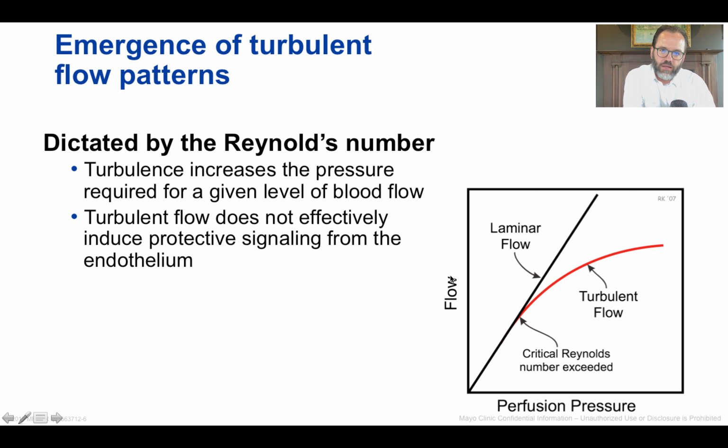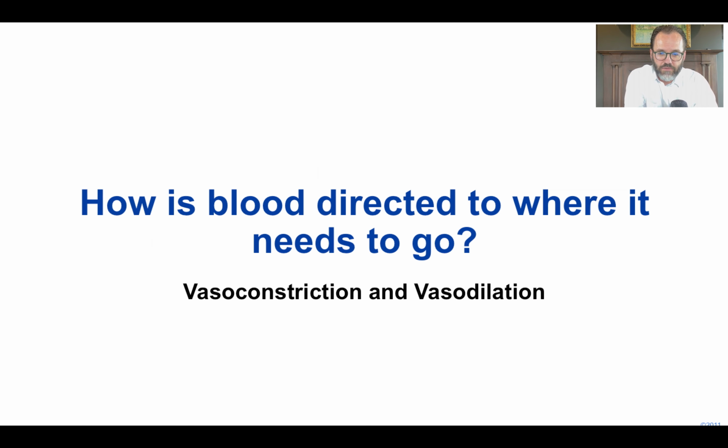In addition, turbulent flow does not effectively induce the protective mechanisms induced by laminar flow in blood vessels. As we'll discuss later, increases in laminar flow can often increase elaboration of protective molecules from the endothelium, such as nitric oxide. When those aren't being elaborated because of turbulent flow patterns, that can accelerate progression of atherosclerotic vascular disease.